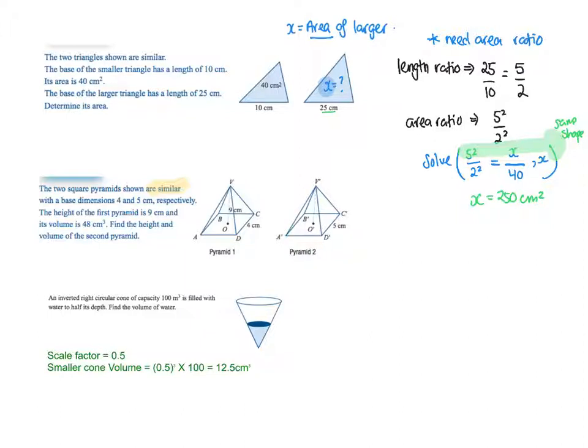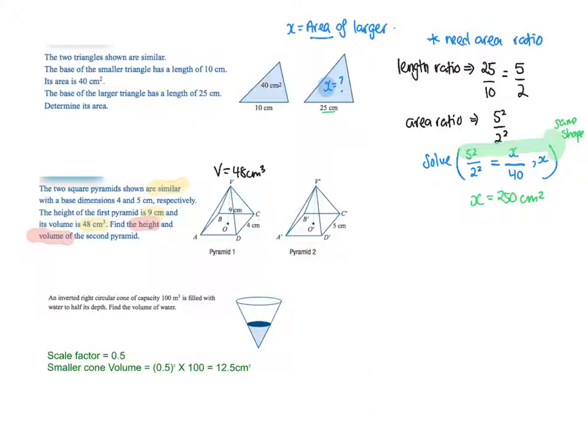So the first pyramid has a height of 9 centimeters and its volume is 48. So we might just pop above here that this one's volume is 48 centimeters cubed. Now the question is saying find the height and the volume of the second pyramid.